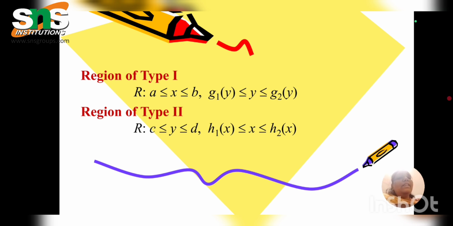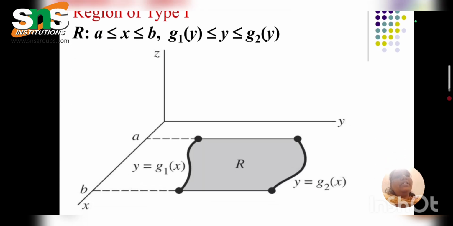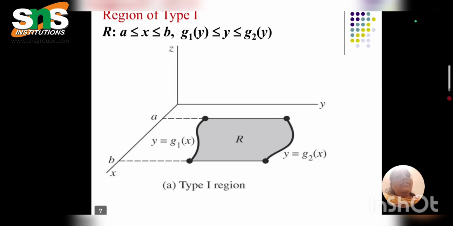For this example, we are considering the region. For the first type, we consider the geometrical representation by plotting the values that have been given. Let us consider the example. The integral involves the function e power x squared, which cannot be integrated easily with respect to x.